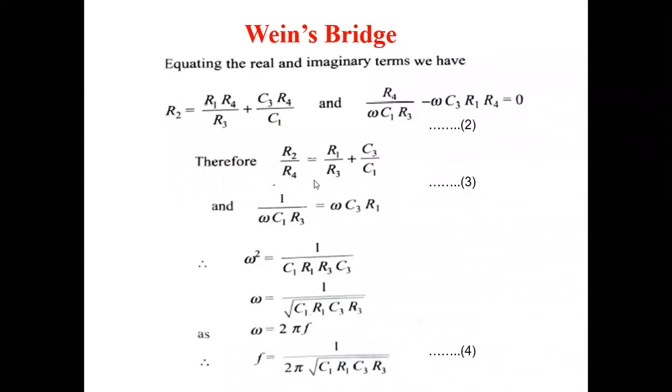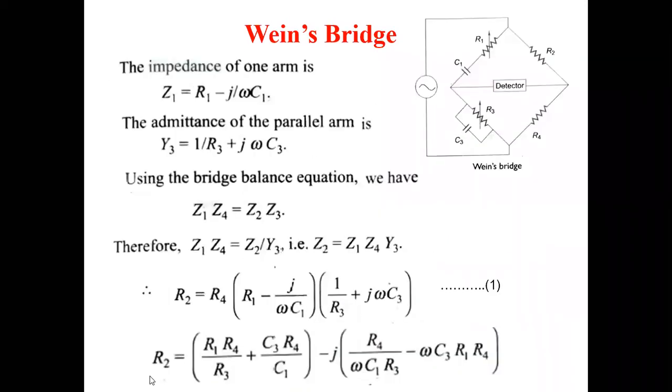Coming to the imaginary part, there is no j term on the left side, and therefore this may be treated as R2 plus j0.